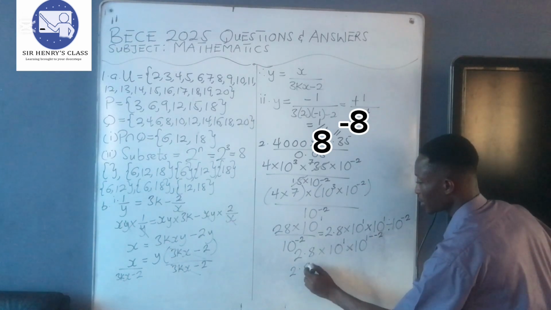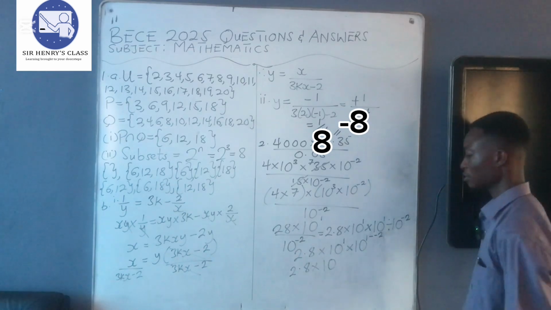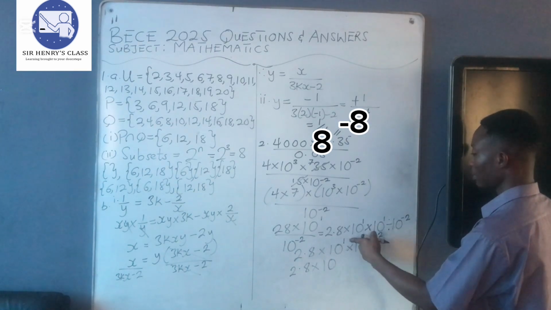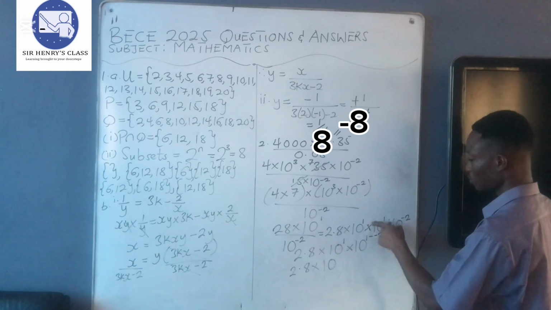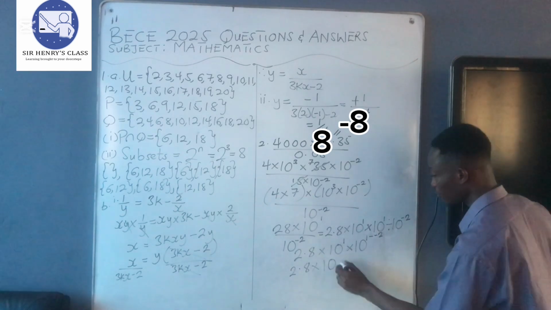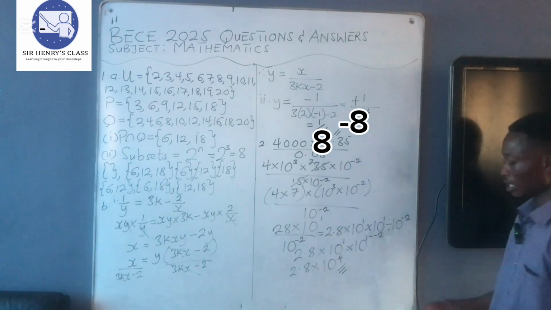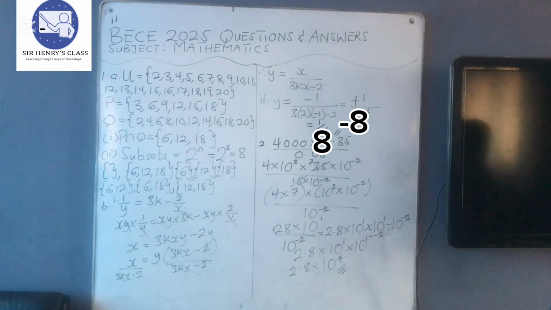So finally we have 2.8 times 10 raised to the power 1. Since it's multiplying, we add 1 plus 3, making 4. So 2.8 times 10 raised to the power 4. That is the solution to number 2A.